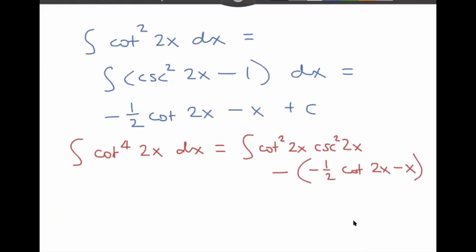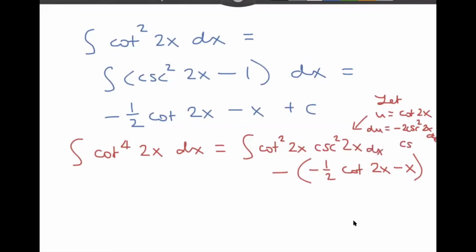All right, so this integral here is a u substitution. Let u equal cotangent 2x, which is going to make du negative 2 cosecant squared 2x dx. Oh, I forgot my dx here.